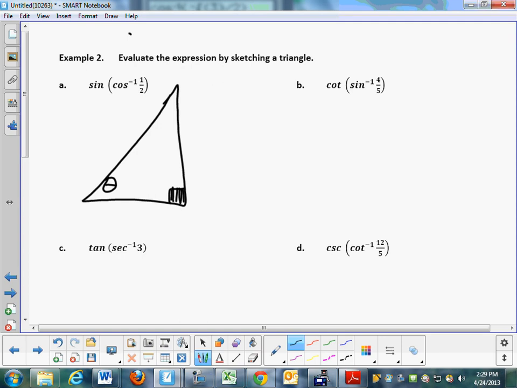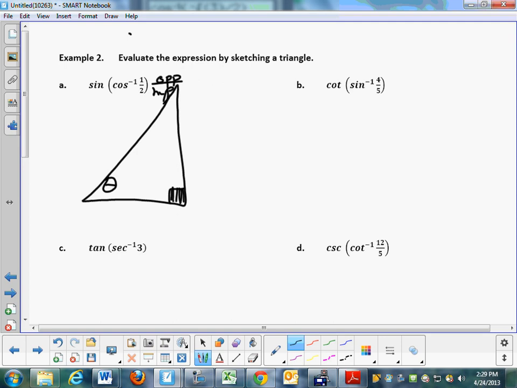So, first of all, what is cosine? In terms of opposite, adjacent, and hypotenuse, what is cosine? Opposite over hypotenuse. This is on your sheet. As I look at Anderson's organizer, it's right here. And as I flip it on the other side, it's right here.